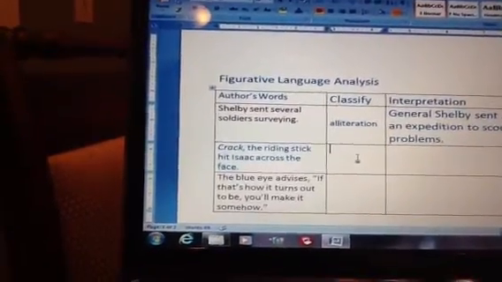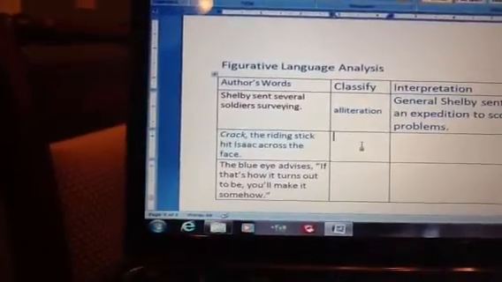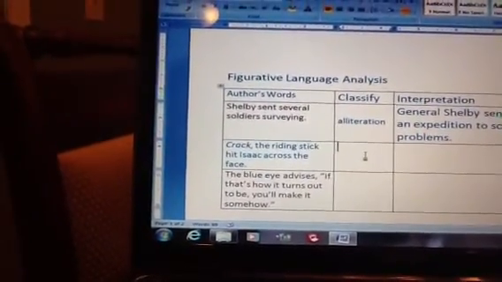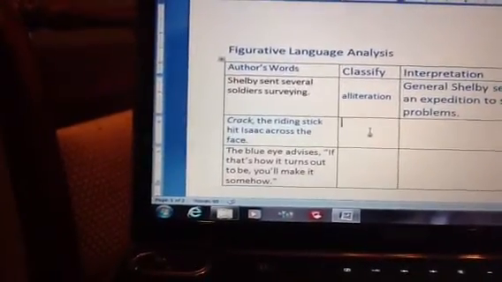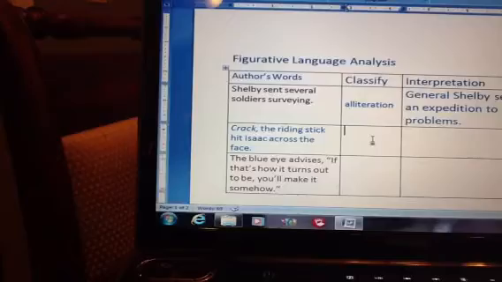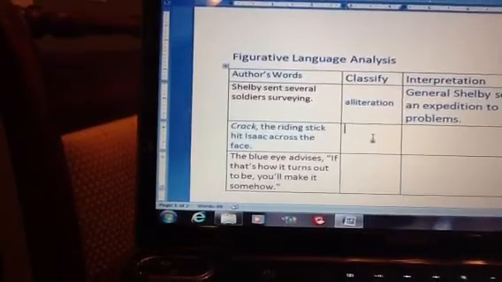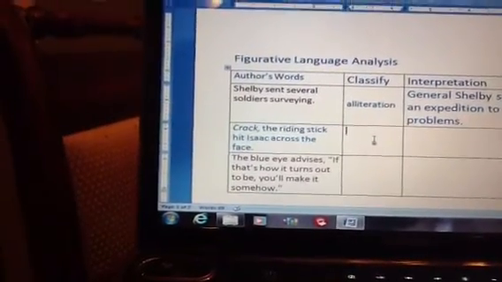So I have to ask myself, this is quite creative and quite fun, but why would an author use alliteration? Sometimes authors use alliteration to make a point in a description of a character.